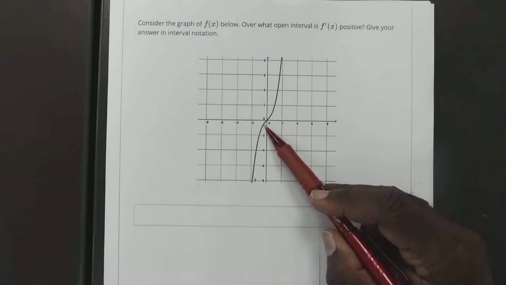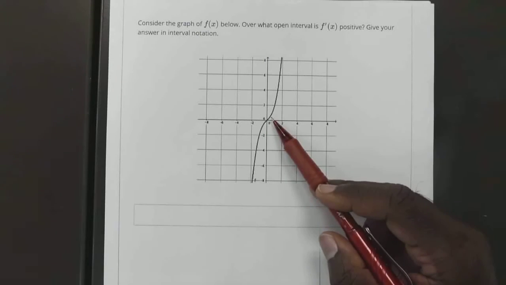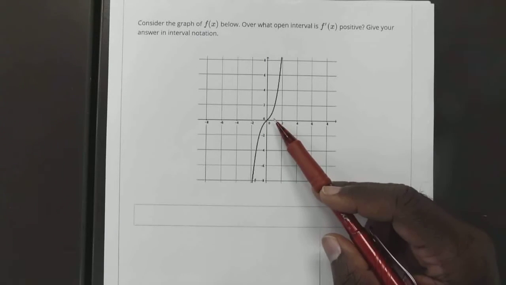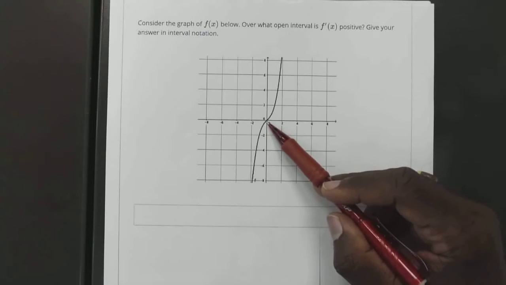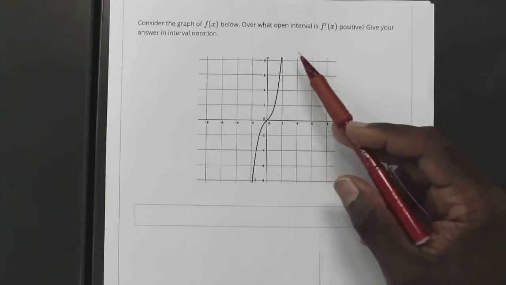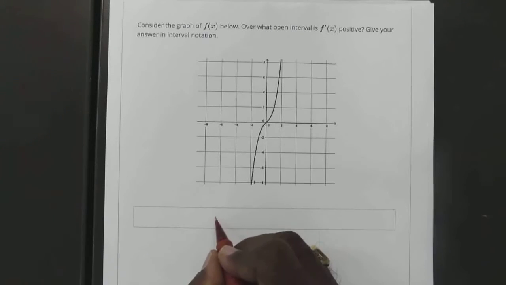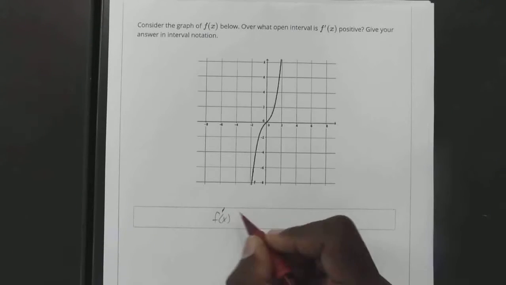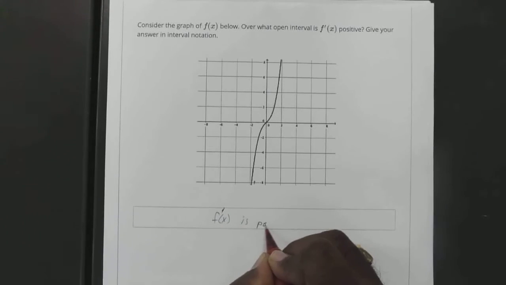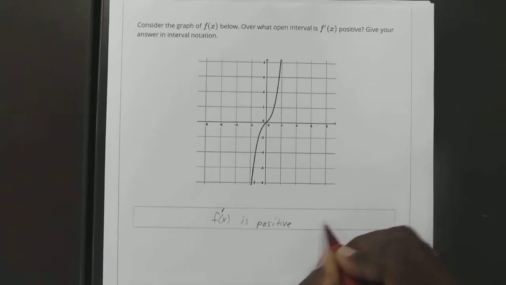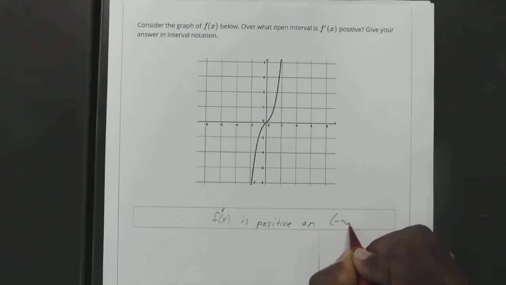I think this is probably f of x equals x cubed, but who knows? It just keeps increasing. So since it's always increasing, f prime of x is positive on negative infinity to infinity.